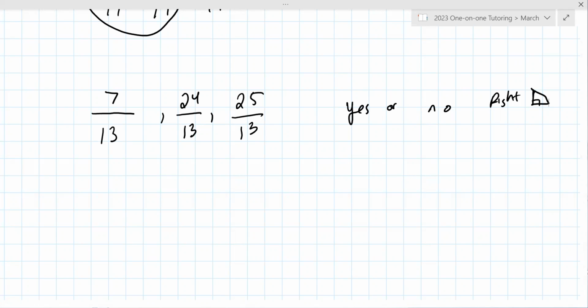It's 169. It's equal to 24 times 24, 576. 7 times 7 is 49, plus 576 is 625. Yes, they could be. Very good. Okay, so any questions on triangles before we move on?